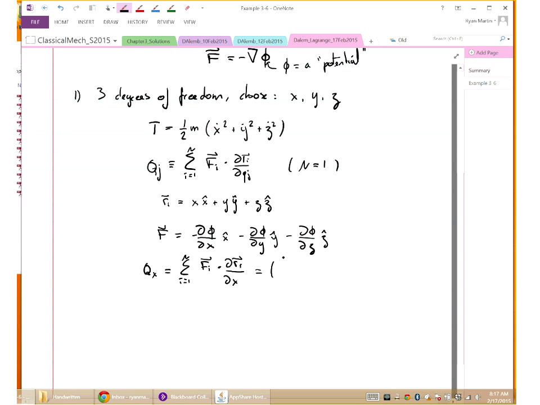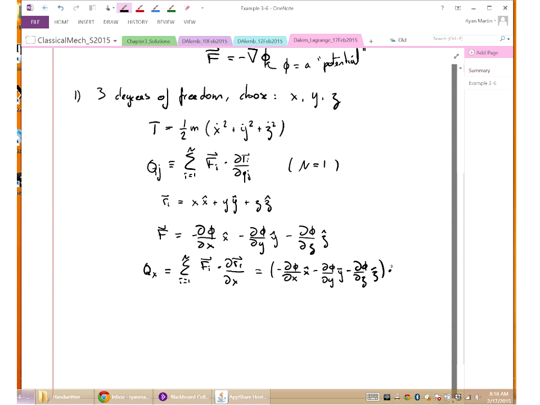So this is the dot product of Fi, which would be minus ∂phi by ∂x x hat minus ∂phi by ∂y y hat minus ∂phi by ∂z z hat, and that's got to be dotted with ∂ by ∂x of x hat plus y hat plus z hat, right?